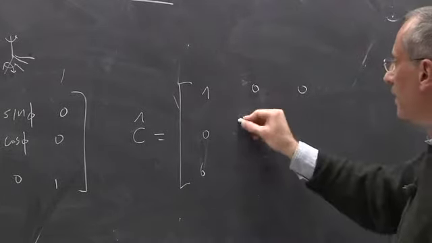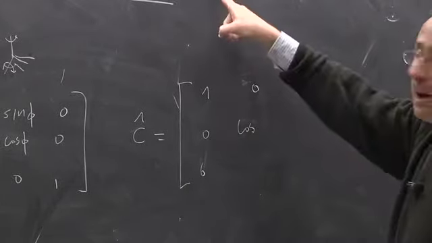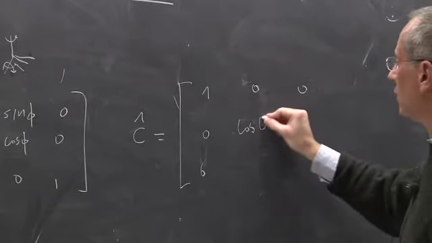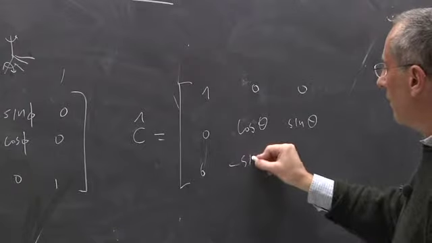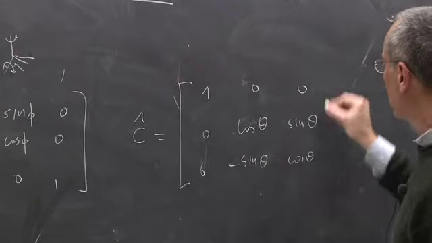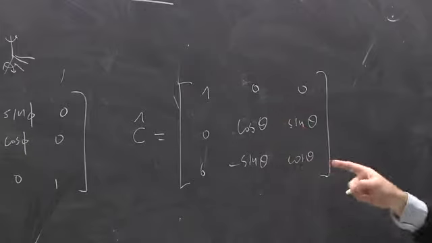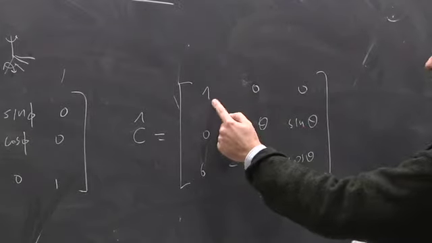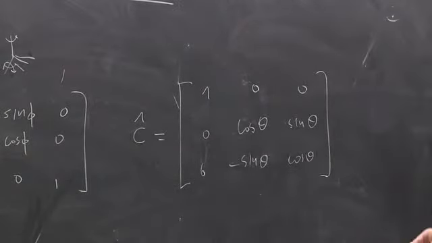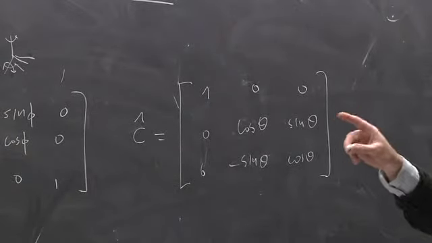The only thing to remember is that now I'm talking about theta, not phi. So I have sine theta, minus sine theta, cosine theta, right? So this matrix describes a rotation about the x axis. This about the z, and so on, C, B.